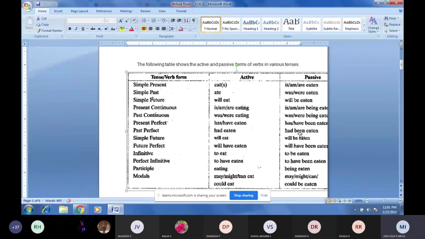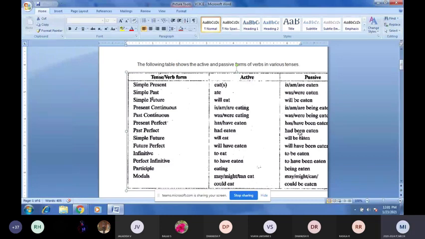So with this category, auxiliary plus past participle is simple tenses. Auxiliary plus being plus past participle is continuous tenses. Auxiliary plus been plus past participle is perfect tenses. So this is the formula that you are going to use to convert active into passive. Very simple.